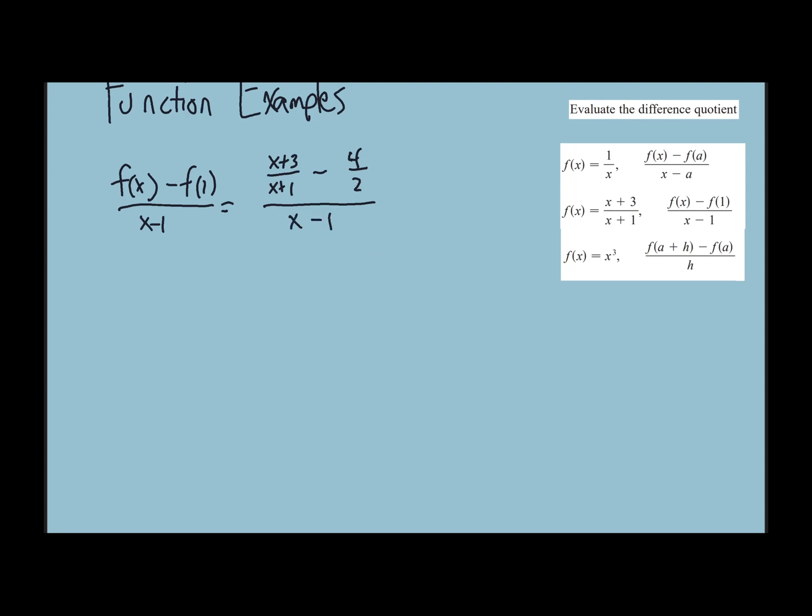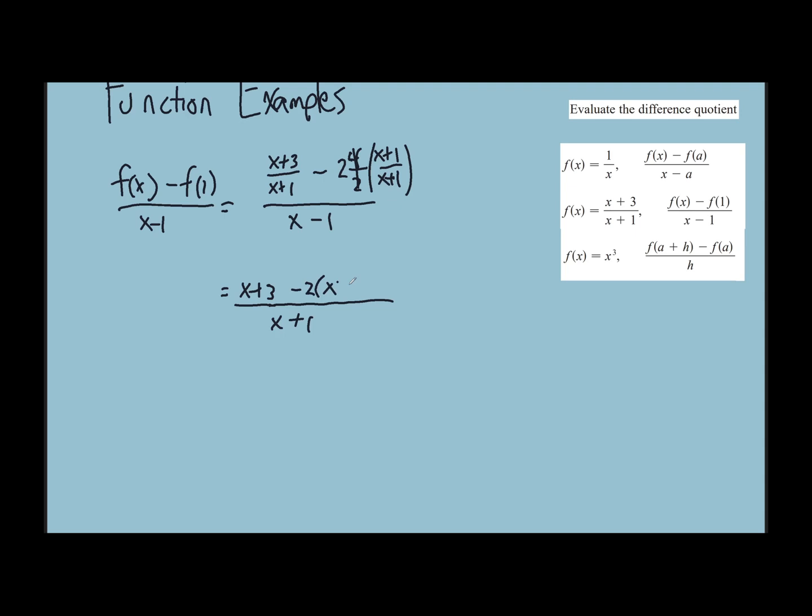Okay, so we need to give these a common denominator, so maybe this guy will put an x plus 1 on top and bottom. And we know that that's going to simplify to 2. So we'll just put that on top and we'll get x plus 3 over x plus 1, minus 2 over x plus 1.